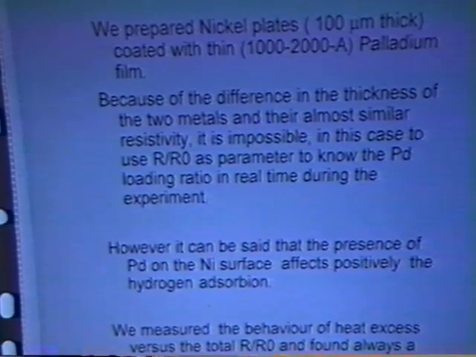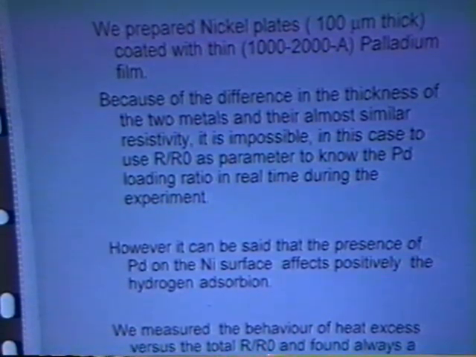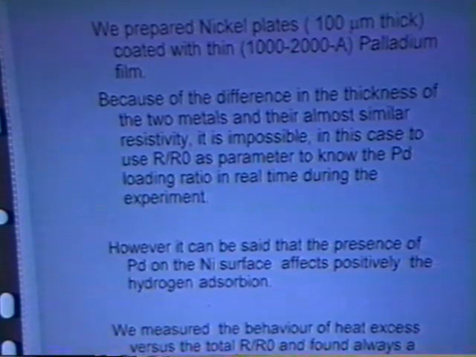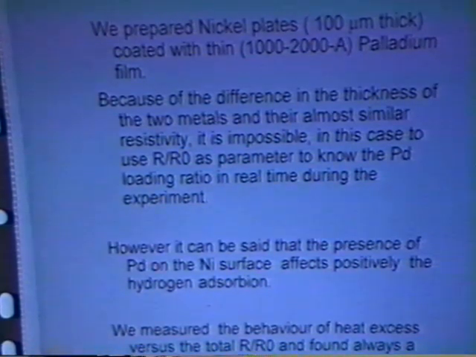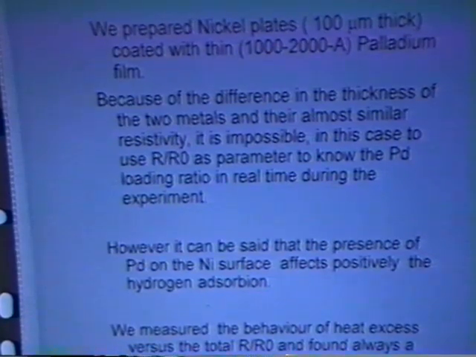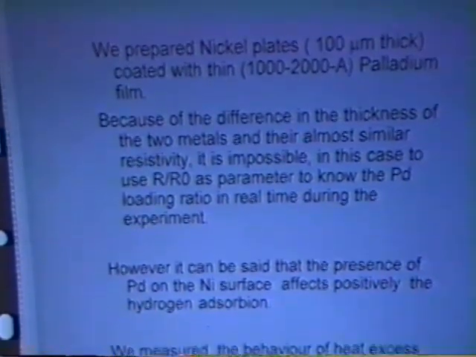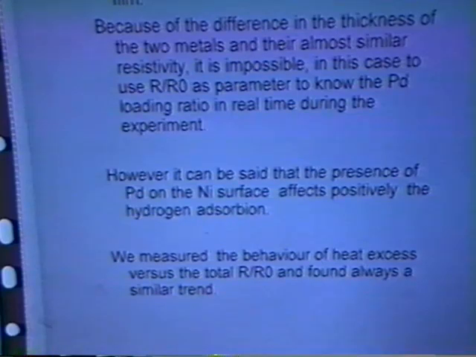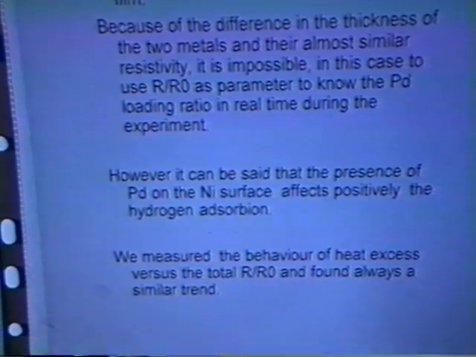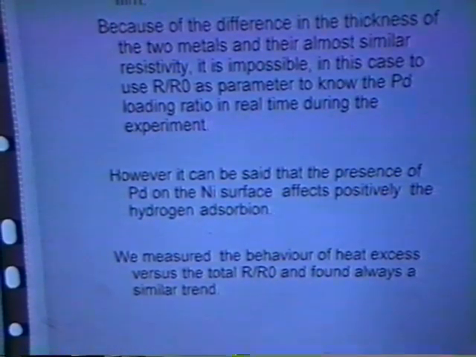In this case we have a problem. Because they are both metal, it is impossible to measure in real time the loading of the material through the technique of electrical resistance. We can just measure the resistance of all the pieces, nickel plus palladium, and we cannot discriminate between the two contributions.